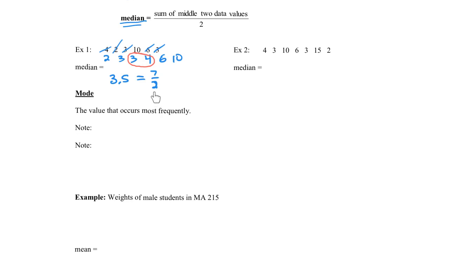They would never write 7 over 2. They automatically put 3.5. I don't know because we're online, so I can't take a vote real quick. But I'm guessing we have some fraction haters in your room. So hopefully not. Hopefully we will learn to love fractions just as much as we love decimals.